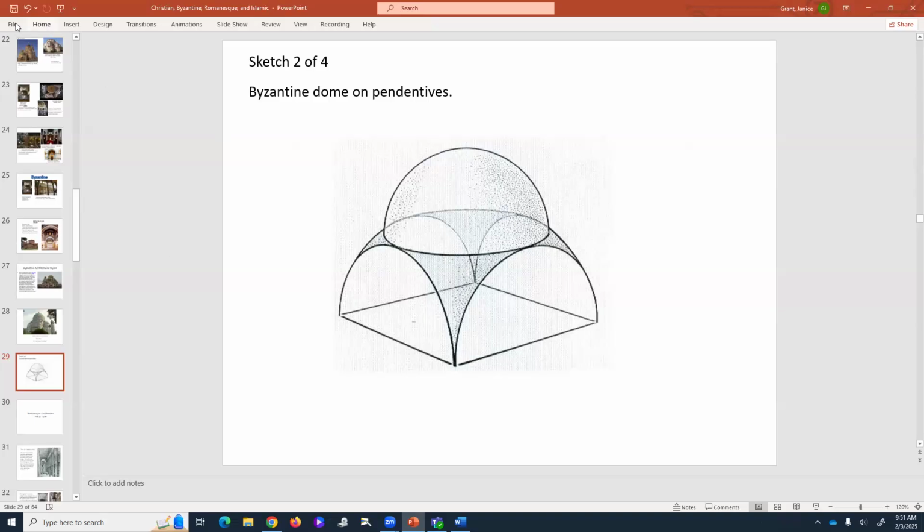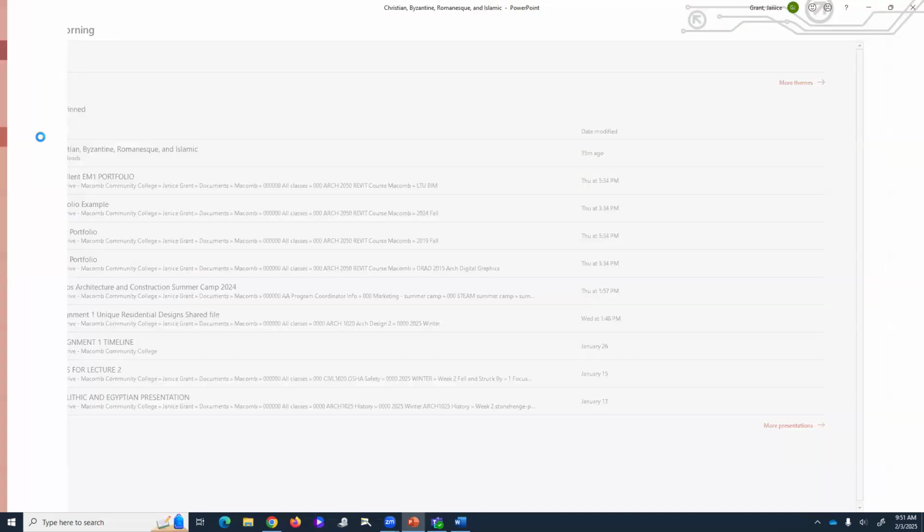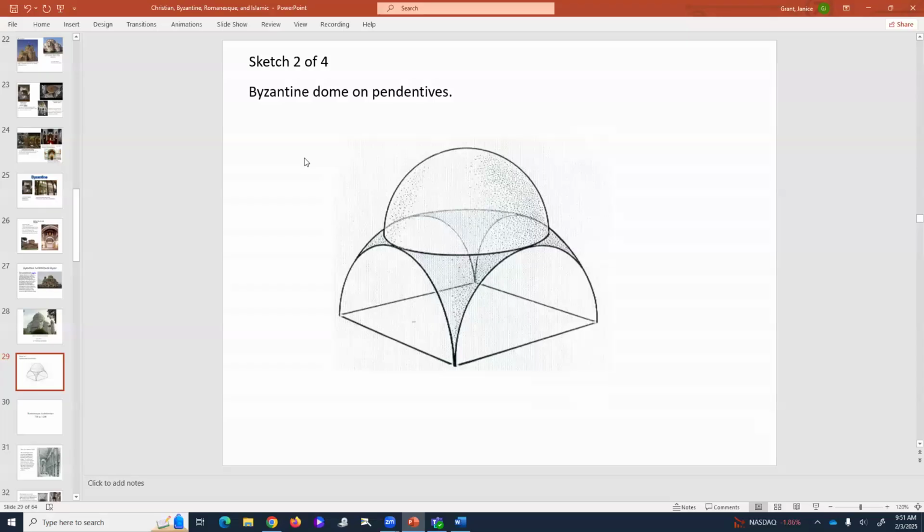Pretty clear about what the two sketches are? Any questions? And maybe you're finding answers for the 20 questions that we're working on. We'll go over those again.